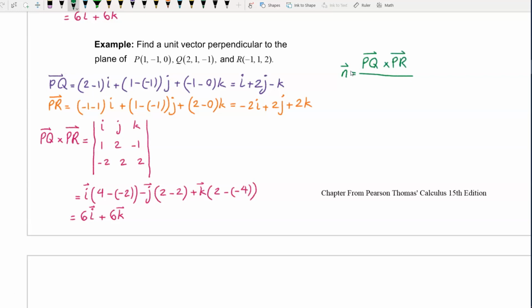We should divide this by its length. So we need to find magnitude of PQ cross PR.